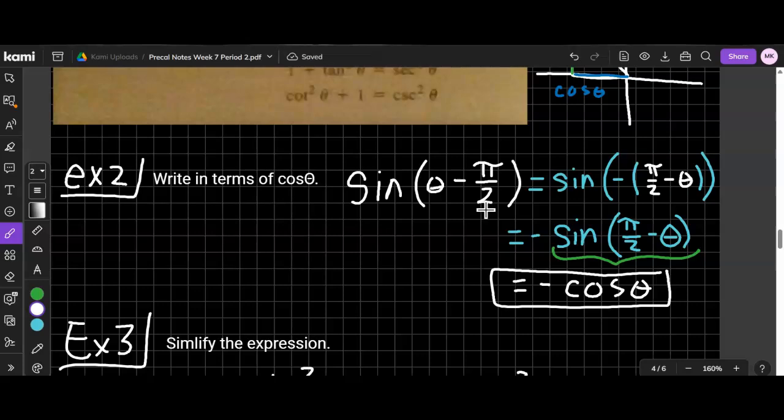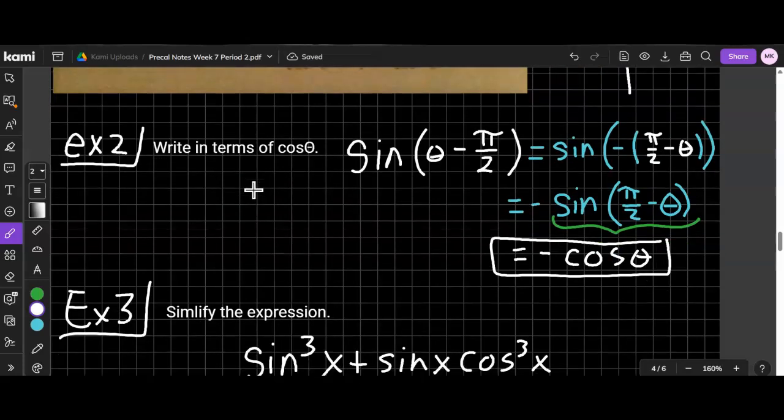What do I need to do for it to be the co-function identity? I need that pi over 2 in front. So we did that step, put the pi over 2 in front with our negative, and then looked for our other connections, our other identities. That negative there is an even and odd identity. So we took that out in front, and that's where we could simplify it and write it in terms of cosine.